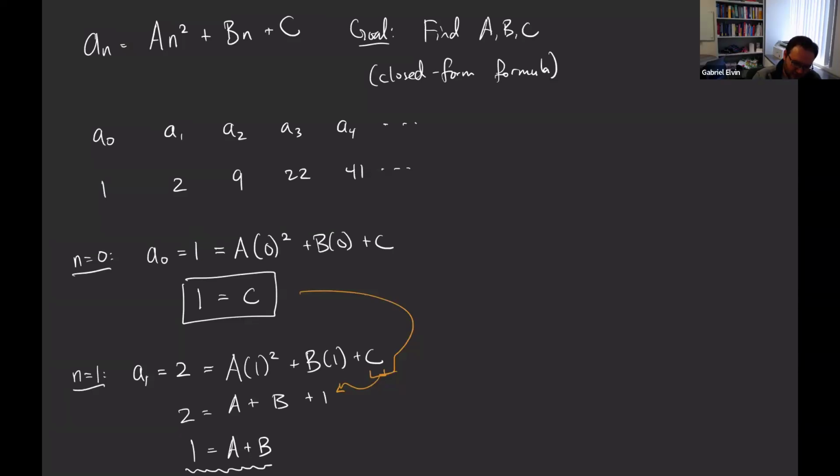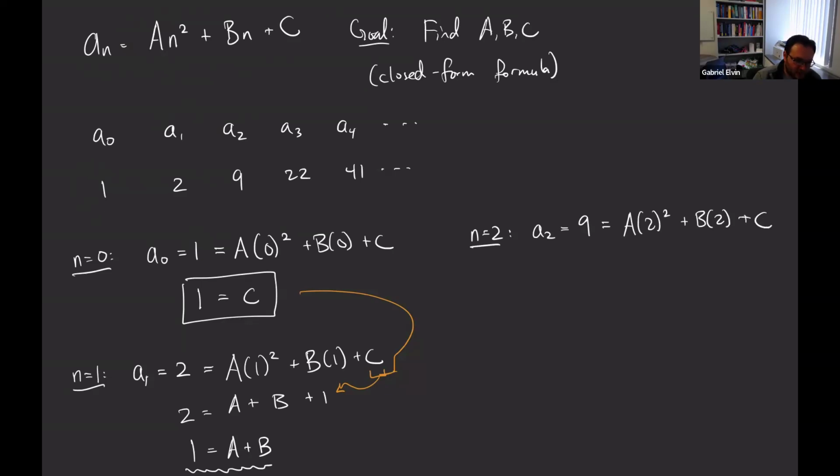But if I just try the next one in the sequence, so n equals 2, then A sub 2, I know that A sub 2 is 9, because I know the first 5 terms of the sequence. And since it's of this form, I can plug in 2 and hopefully get something. 2 squared plus b times 2 plus c.